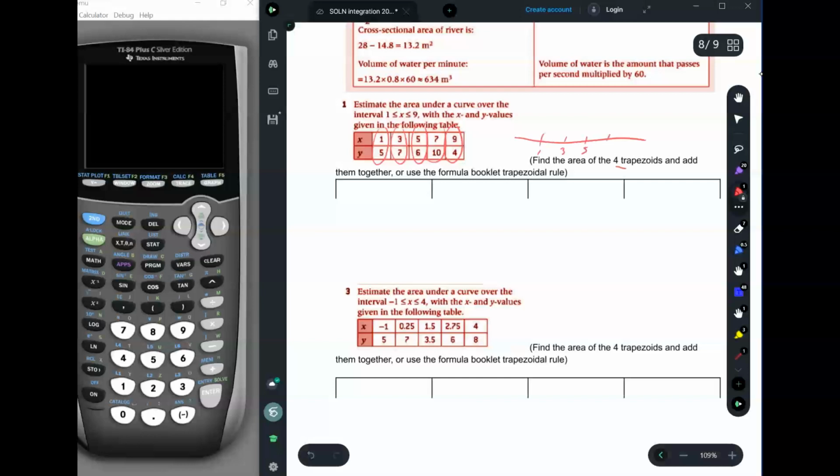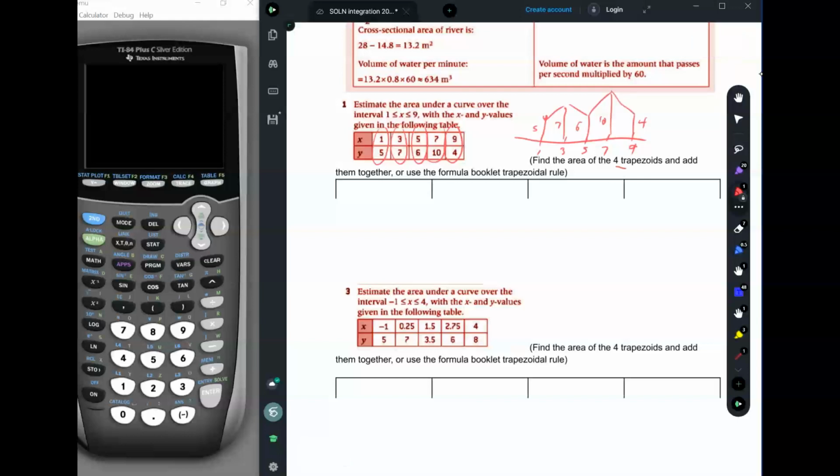I'm just drawing this graph so that you can get a better idea of what it looks like, but you don't have to draw this. And then this one is 5 high, this one is 7 high, this one is 6 high, this one is 10 high, and this one is 4 high, right? And so basically the trapezoids look kind of like this, right?